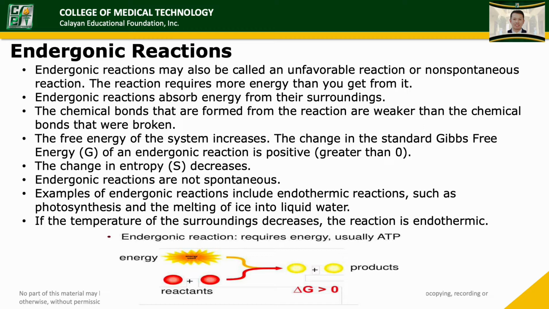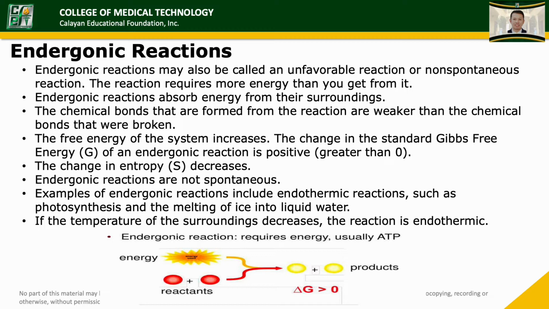For it to happen, there is an energy requirement, unlike if it is spontaneous, wherein there's that domino effect. But if it is non-spontaneous, for the reaction to happen, there should be energy. There should be a requirement.